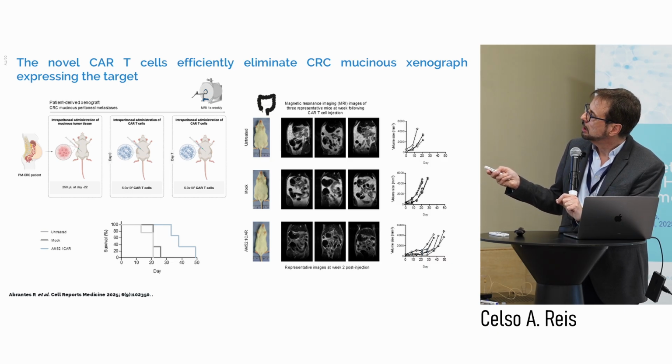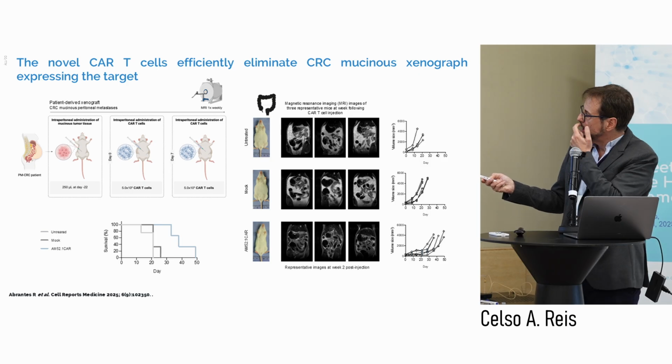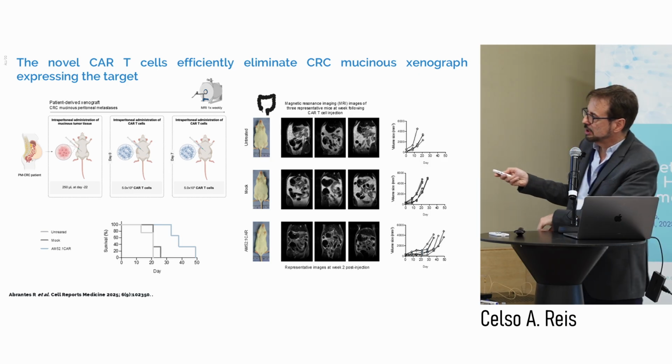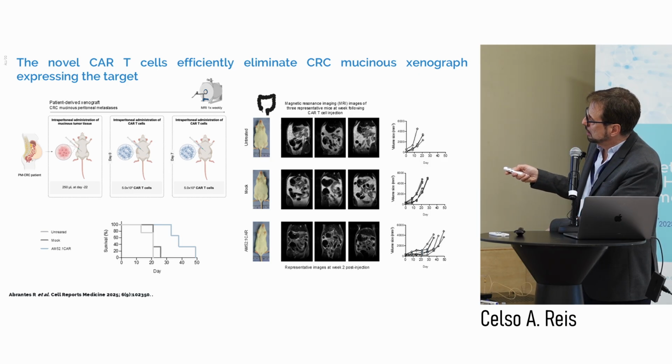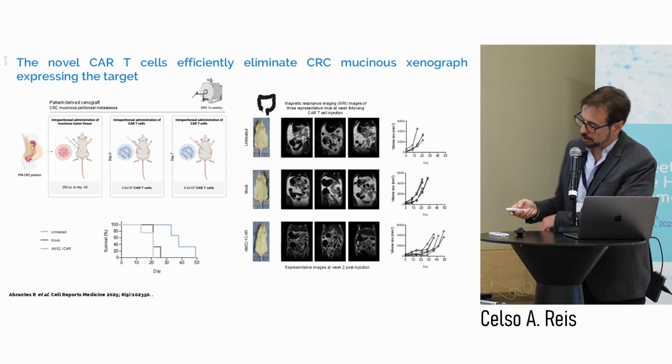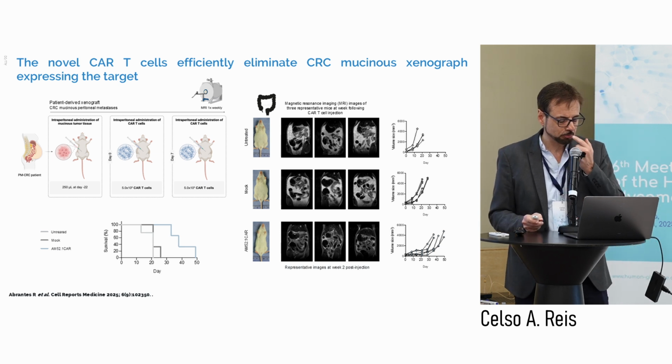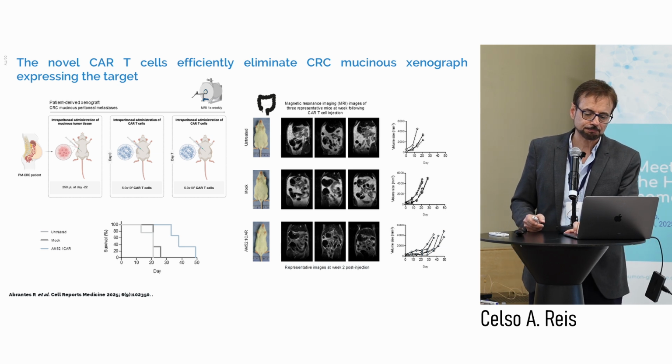Comparing the untreated with the mock treated and the 52 new CAR, we saw clear differences in delaying the increase of the tumor and also the survival of the mice in these preclinical studies.